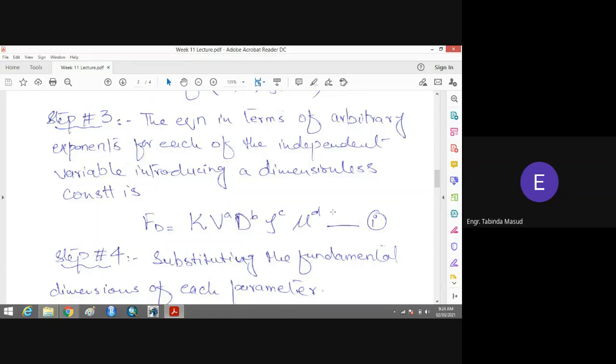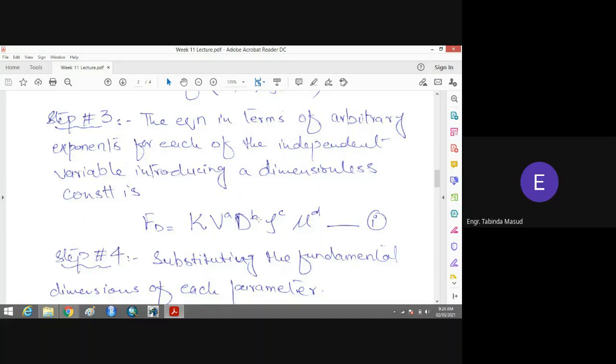Suppose I introduce one more parameter, then you will get the values of a, b and c in terms of d and e, for example. So your unknown values will keep increasing. The only problem will be your calculation. It will be complicated, it will be laborious, and it will be quite difficult for you to solve these kinds of problems.